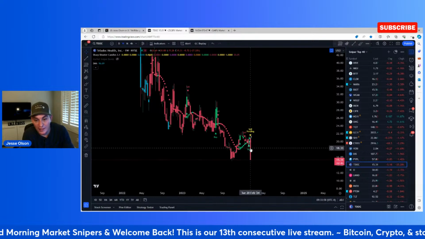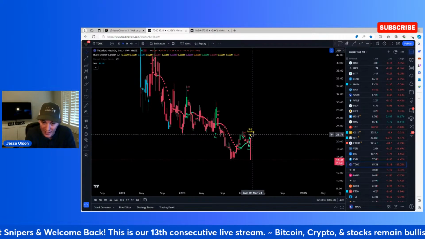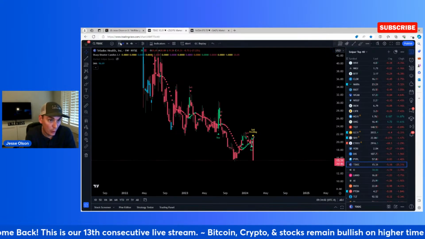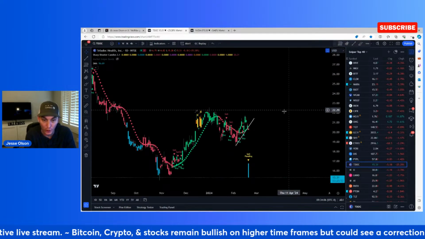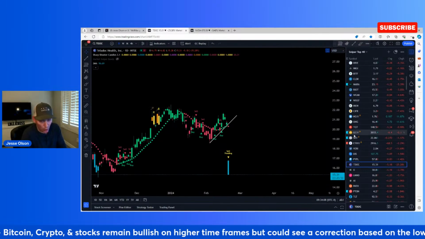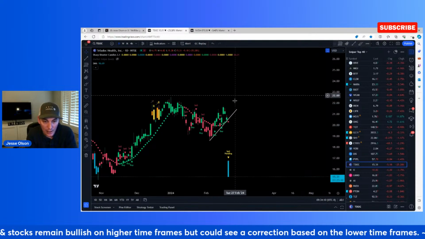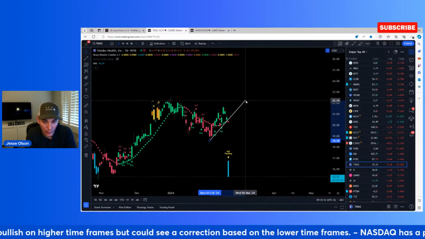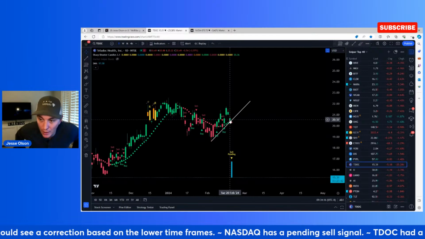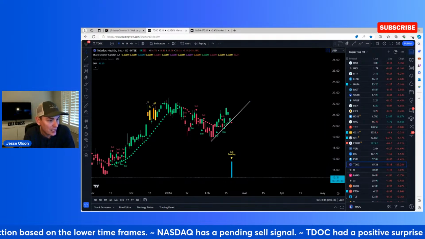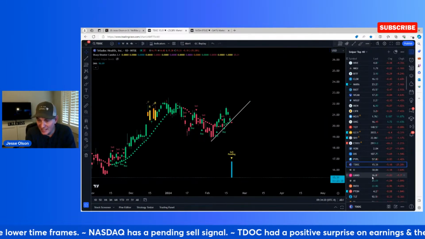So until the higher low is confirmed, it's never a guarantee. But there was a warning shot yesterday with RSI closing down. I'm not going to show you what I talked about in the Discord, I'm going to leave that for the Discord. But there was a warning shot yesterday with a breakdown on RSI. So with that, that's Teladoc.